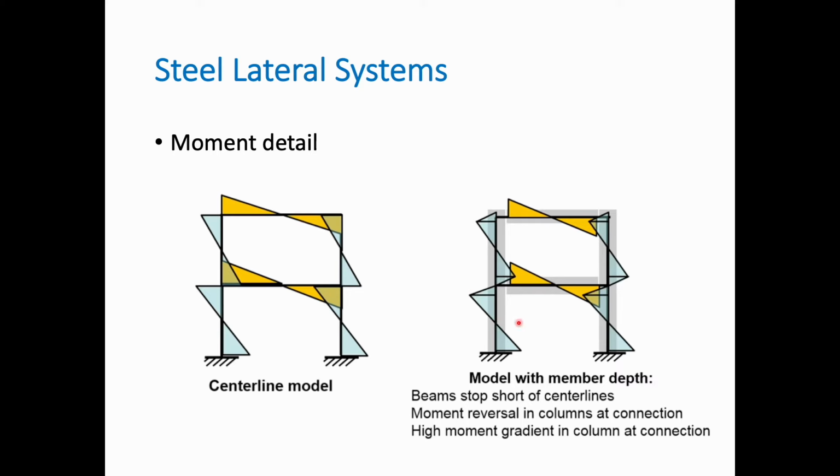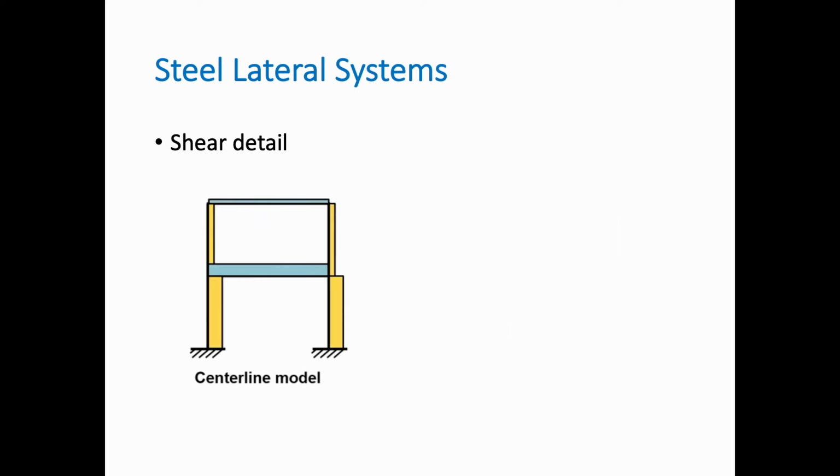So when we do the design, we have to be careful and have in mind that the actual moment profiles as well as the shear profiles are not the ones that we calculate when we have centerline models, but when we have the actual sections, which will change the profiles themselves.